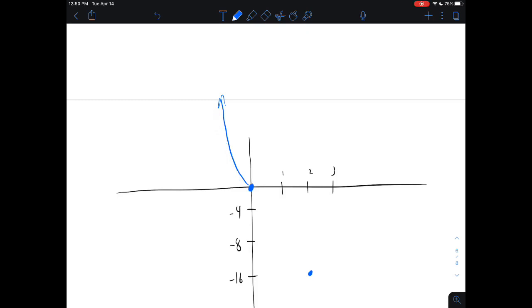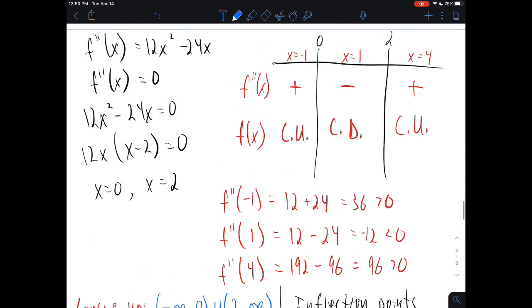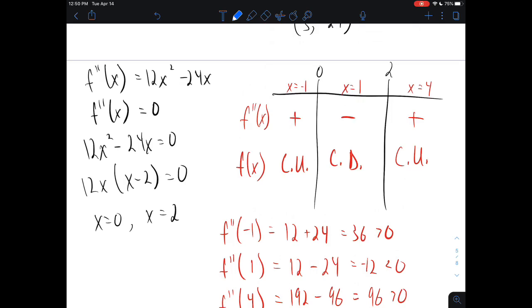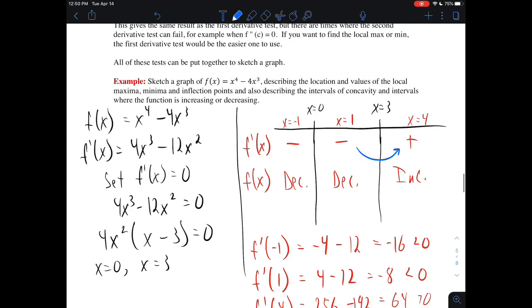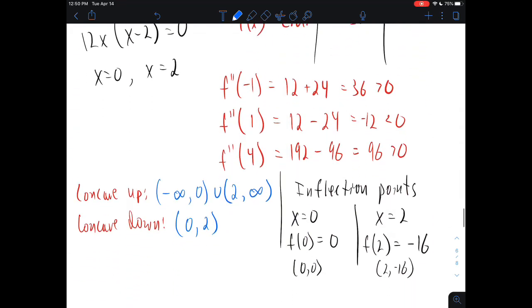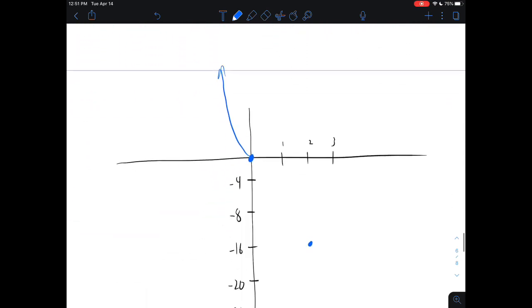But then once it crosses 0, the concavity changes between 0 and 2. But then between 0 and 3, it's still decreasing. So I have to change this concavity just slightly so that it appears to be concave down, which is kind of like in an x cubed graph, where you're still decreasing, but it is changing concavity just slightly.